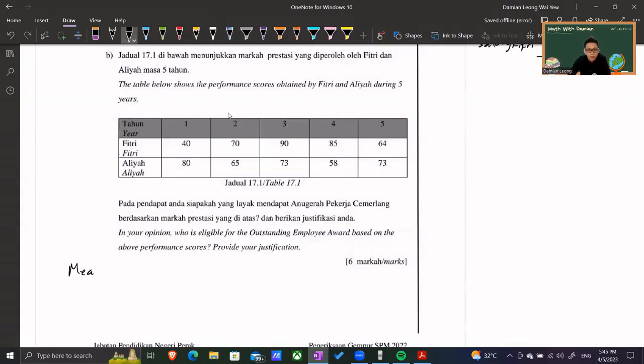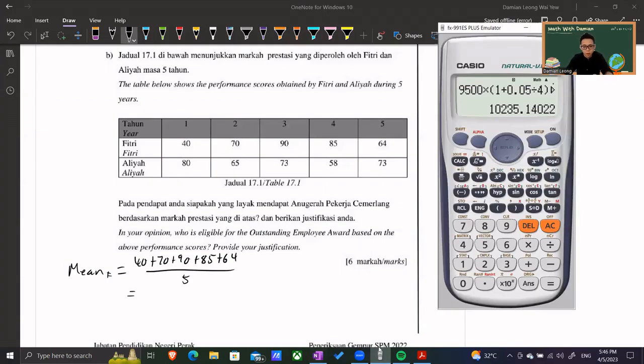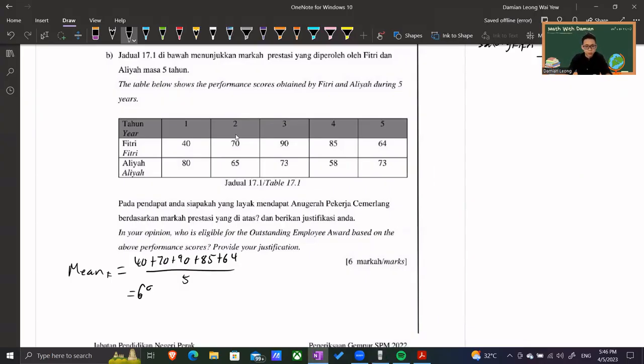So I find the mean for Fitri: add together 40 plus 70 plus 90 plus 85 plus 64 divided by 5, which is 69.8.